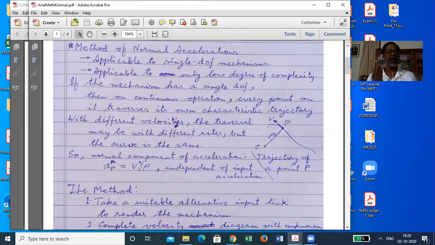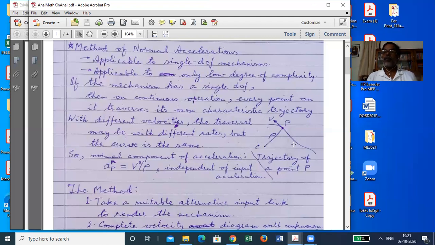But before that, we have to make the velocity diagram. And why will it work only on single degree of freedom mechanisms? Because for a single degree of freedom mechanism, it is necessary that every point is going to move on a specified trajectory.